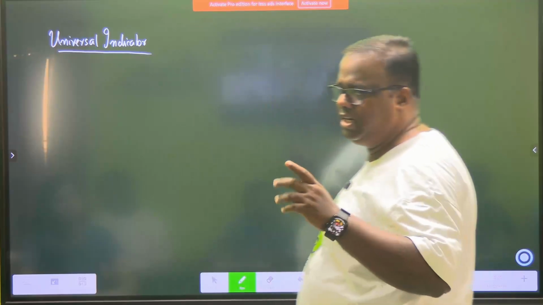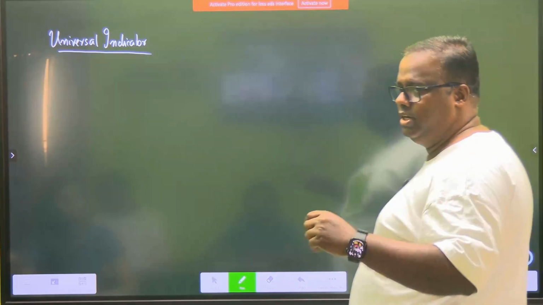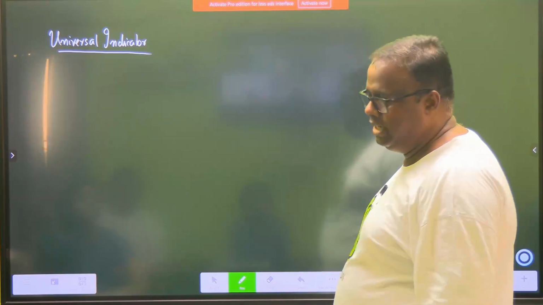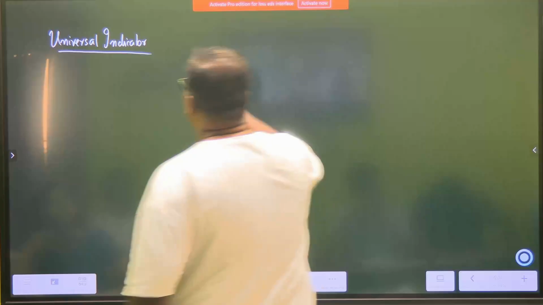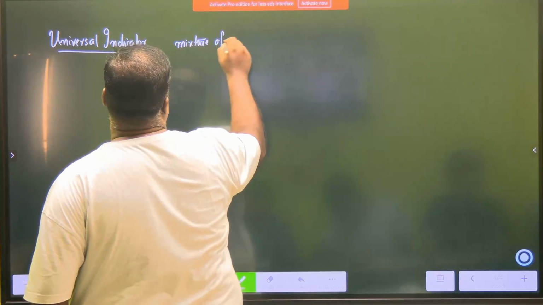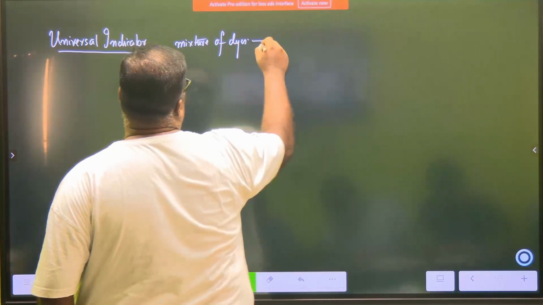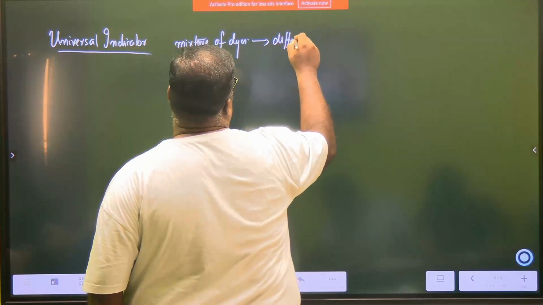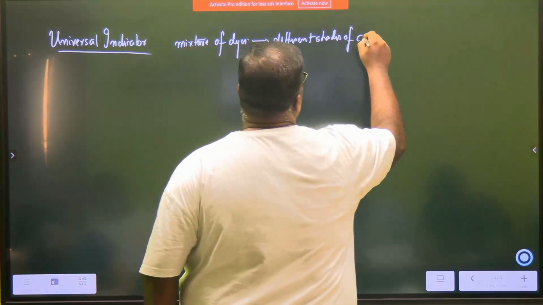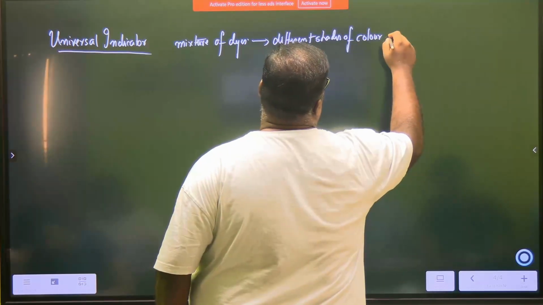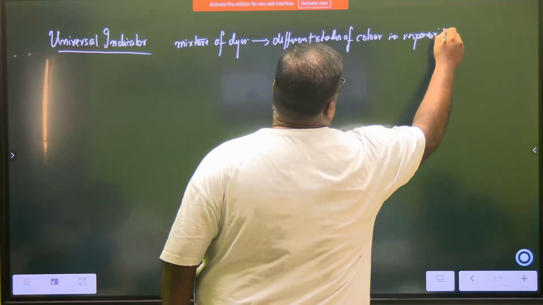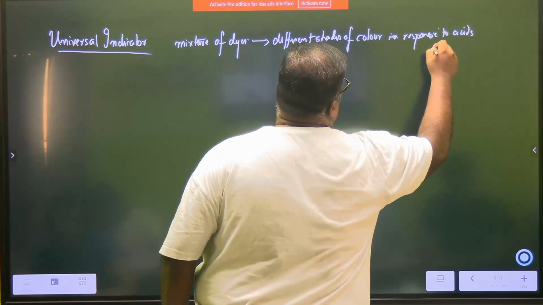A universal indicator is not something like litmus. Litmus can indicate both, right? But phenolphthalein does not indicate acid. So universal indicators, we say, are a mixture of dyes, and they show different shades of color in response to acids and bases.